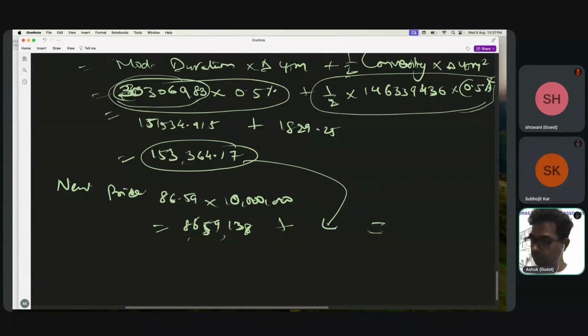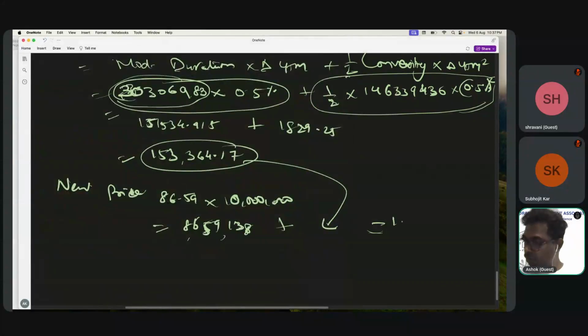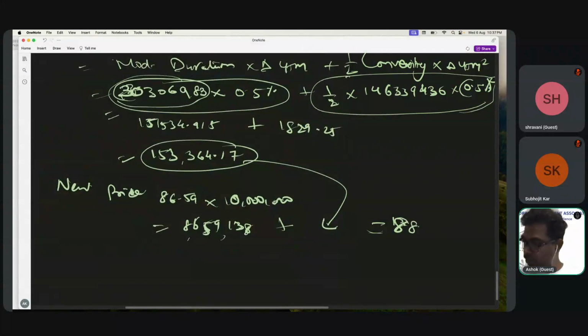I think I made a mistake, I'll check it. This is the final answer. New price is 8,812,502. That's it.